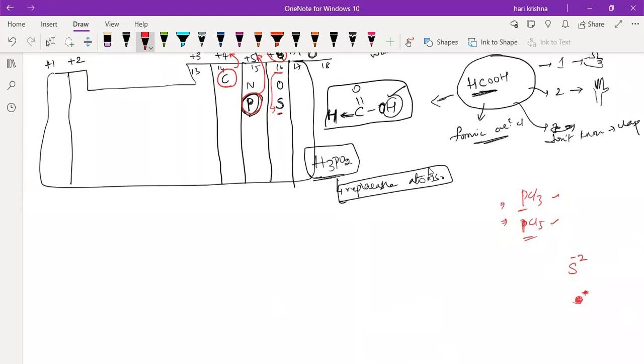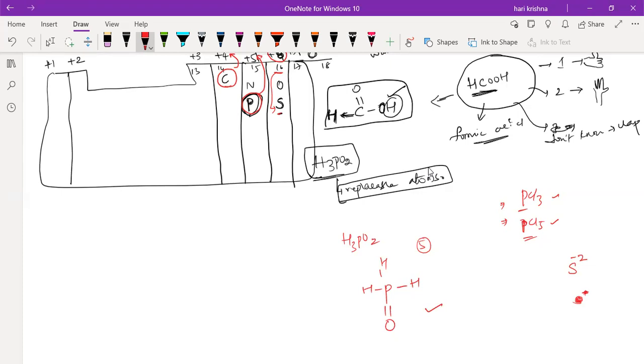Now, if you draw H3PO2, around the phosphorus, how many bonds should be there? 5 bonds should be there. Suppose initially you have drawn like this. Now, already 3 H are finished. Double bond O. Is it the correct structure?